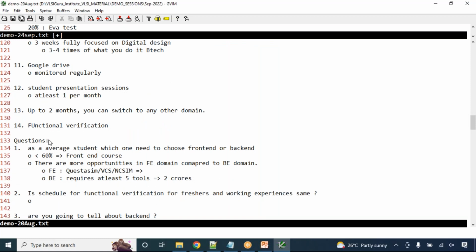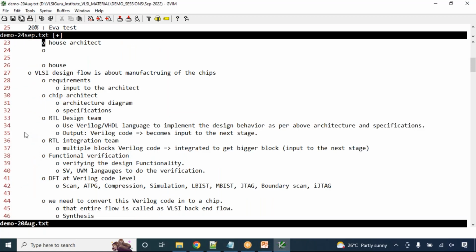We have already talked briefly about functional verification. I'll just spend 5 minutes to brief about what is functional verification, because that is the focus area of today's session. What is functional verification is, as I told you, you get a design specification and you get Verilog code as an input. A functional verification engineer's inputs are what?